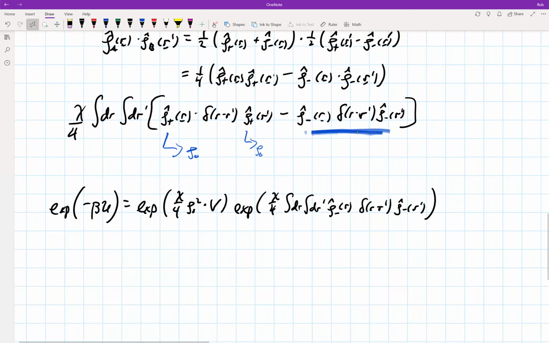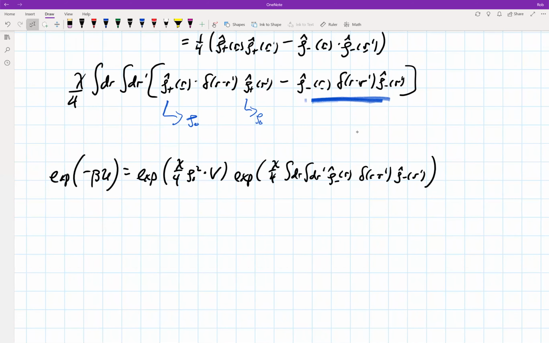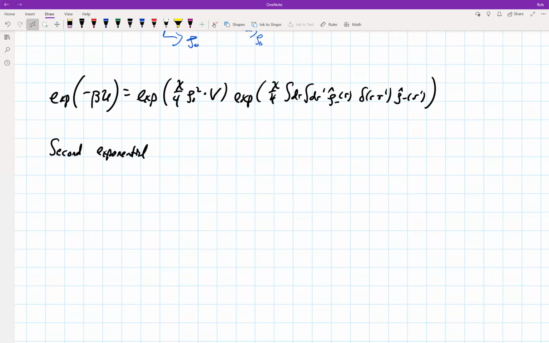Right. And now this is in Gaussian form, right? So we can use the second Gaussian integral that we introduced in the first lecture, and we can write this whole thing in terms of an integral over the fields. And so what we're going to do is take the second exponential, and this is going to let us introduce a field that's going to be conjugate to this rho hat minus.